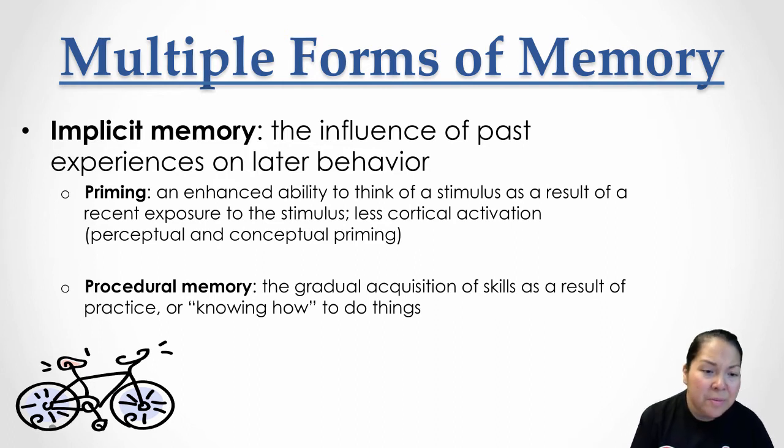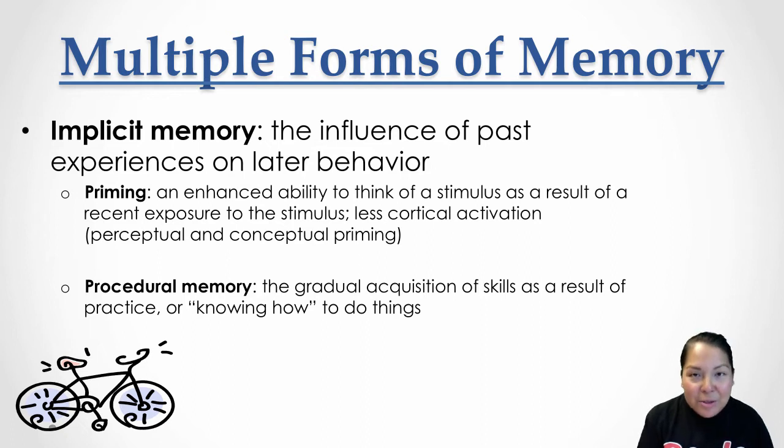Next is procedural memory. Procedural memory is the second type of implicit memory where, through the gradual learning of skills, we implicitly are able to act in that fashion. One example is riding a bike. When you first start to learn how to ride a bike, you go through a procedure. First, you swing your leg over the bike, then you push off the pedal and put your other foot on the pedal.